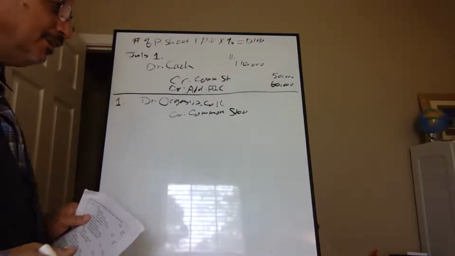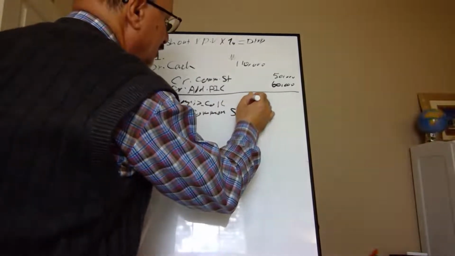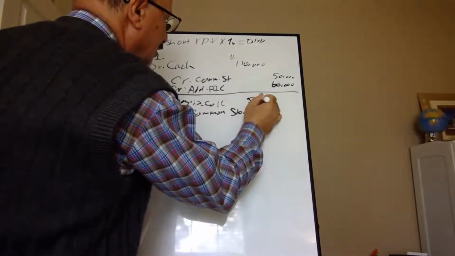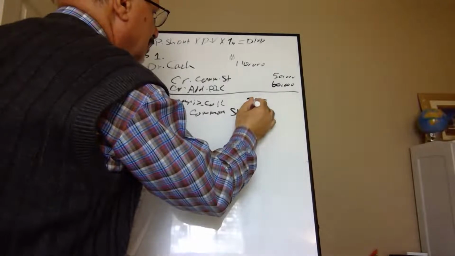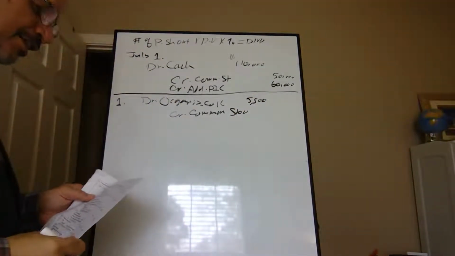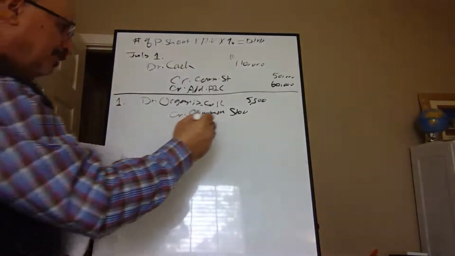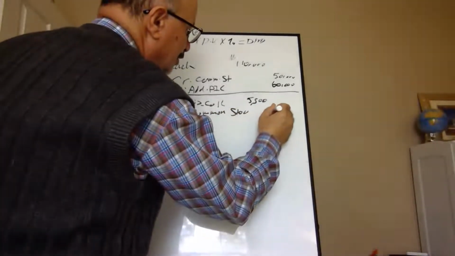500 times 11 is going to give us 5,500. Now, 500 shares times the $5 par value is going to be 2,500 for common stock.